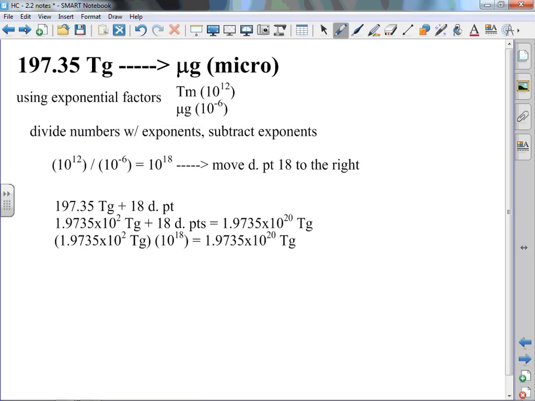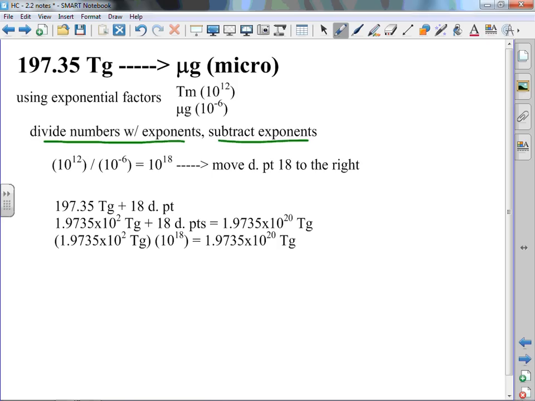Just one more I'll do here. Let's say we go from teragrams to micrograms. Tera, again, exponential factor 10 to the 12th power. Micro, 10 to the minus 6th power. Divide the numbers with exponents, and then subtract the exponents. So 10 to the 12th divided by 10 to the minus 6th is 10 to the 18th.